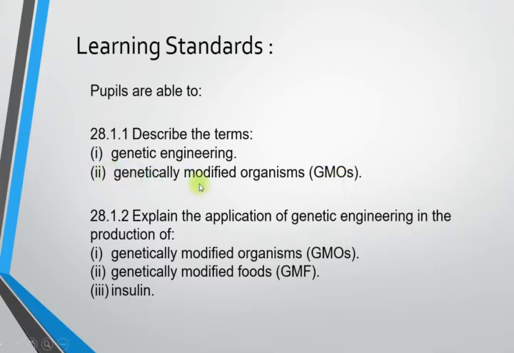Okay, second learning standard, explain the application of genetic engineering in the production of genetically modified organisms, and then genetically modified foods. And the last one is insulin. Alright, so these are the learning standards that you have to understand for today.